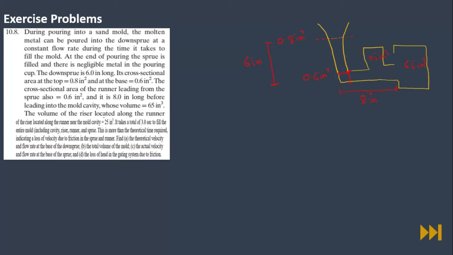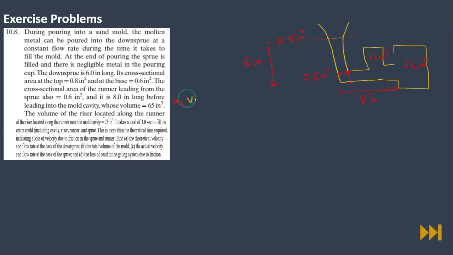So let's start with section A of this one, where it says find the theoretical velocity and the flow rate at the base of the down sprue. So what was the formula for the flow velocity?